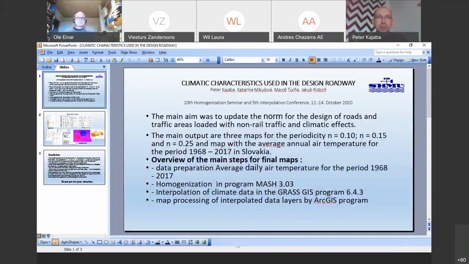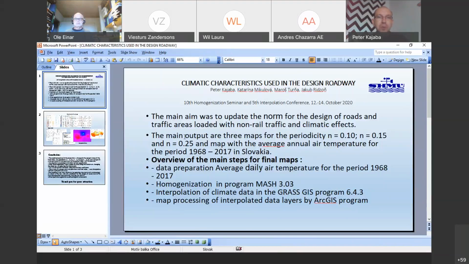My presentation is about climate characteristics used in the design of roadways, with my colleagues Katarina Mikulova, Maroš Turňa, and Jakub Ridzoň. The main aim was to update the norm for the design of roads and traffic areas loaded with non-rail traffic and climatic effects.